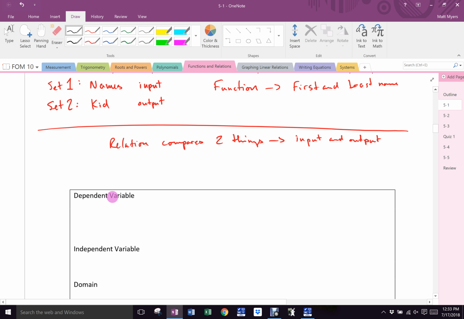So the dependent variable must be the set that changes when the situation changes. Its value depends on something else.